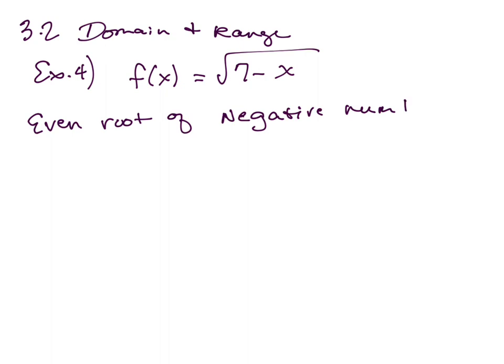So in order to graph this and understand what its domain might be, we have to set the radicand, which is the argument under the radical sign, so that it is positive. What kind of numbers are positive?